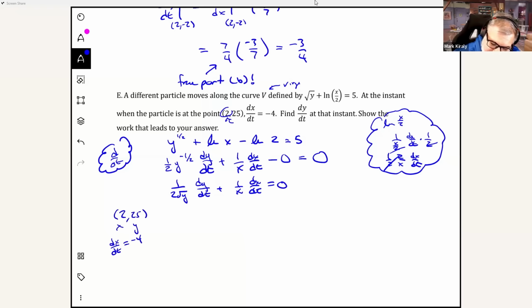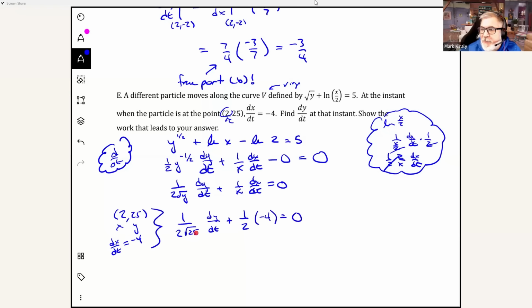And dy/dt is the one I'm trying to find. That's when I would have caught that mistake. So square root of 25 is 5. 1/10 is dy/dt. Half of negative 4 is negative 2. And then we will add the 2.